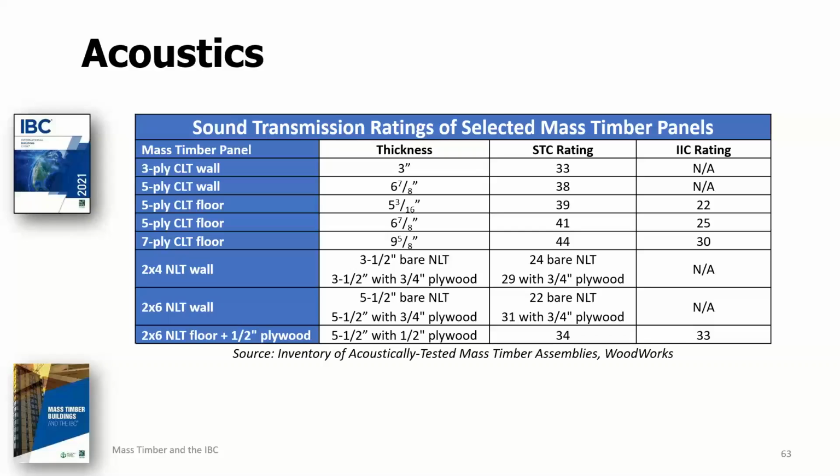You have batt insulation between the framing members, and then typically you'll have resilient channels and gypsum board ceiling under the framing. That's not always so for mass timber, and hence there are some challenges sometimes for achieving the minimum required sound transmission classes.